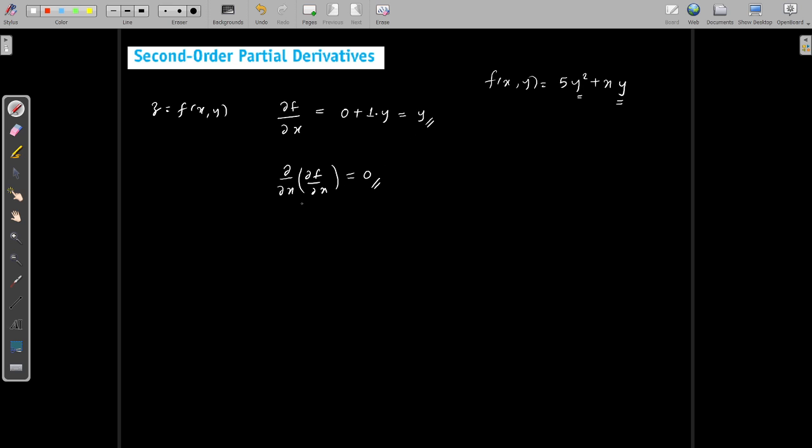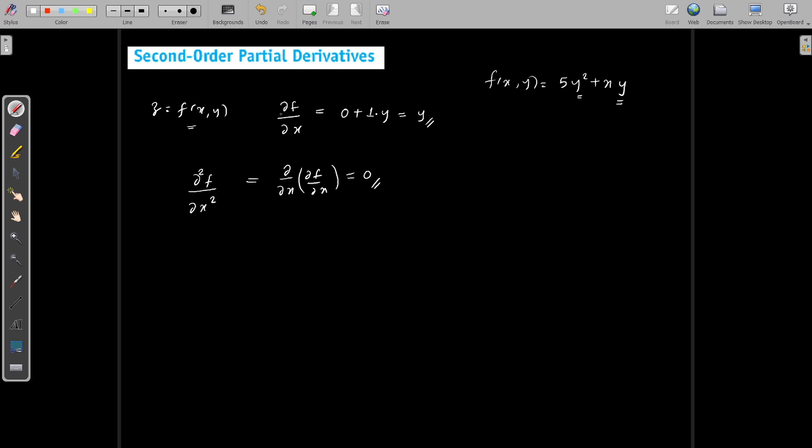Therefore this is what we call the second order partial derivatives. This is denoted by the symbol d squared f divided by dx square. This is one of the second order partial derivatives of the function f of xy.